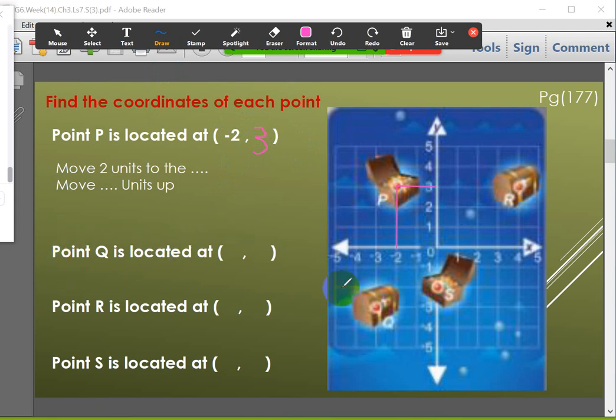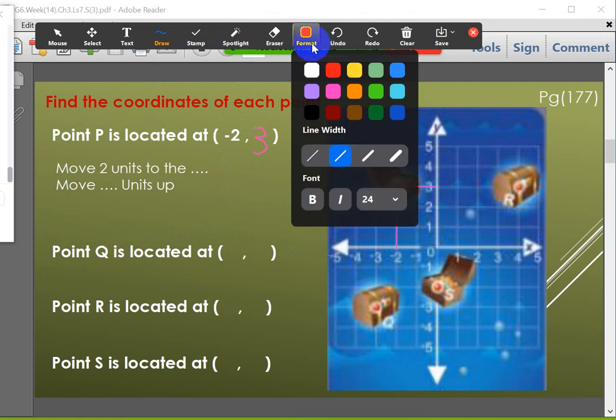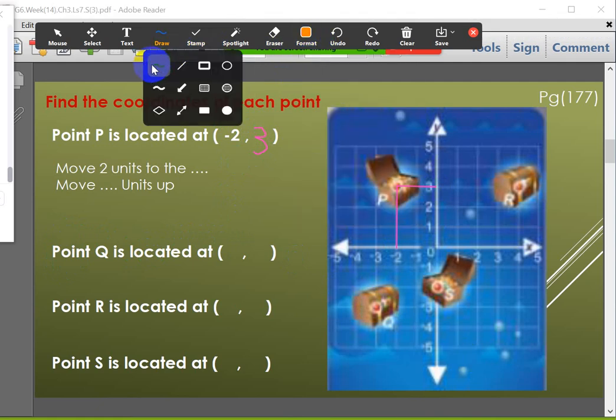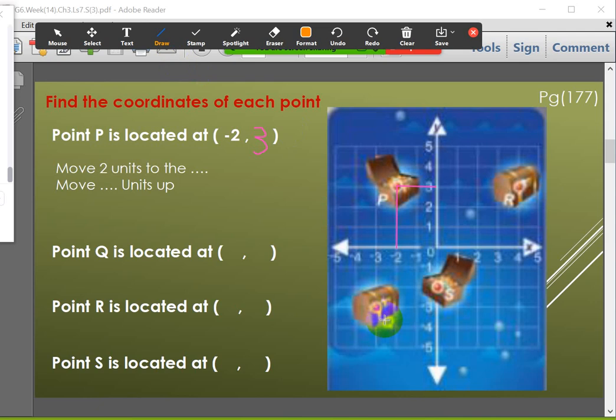Now point Q. What is point Q? This is the point Q. For point Q, I want to find the x and y. I told you, to find the x-coordinate, girls, I have to take a vertical line from the point to the x-axis. It will cross the x-axis on a number.